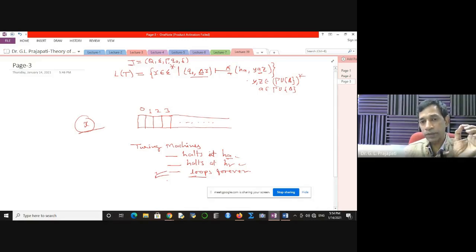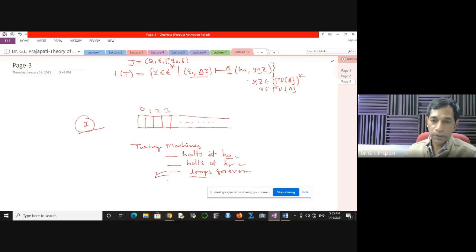This means the Turing machine explicitly decides that yes, this is in the language. So the language accepted by the Turing machine is the set of strings x for which the Turing machine starts from the initial configuration and goes to the halting configuration in the state HA.